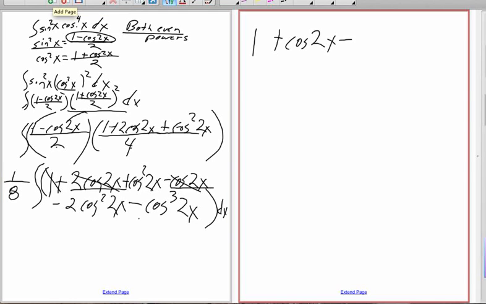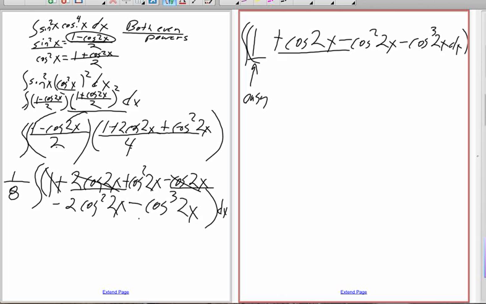There's a minus cosine squared of 2x minus cosine cubed of 2x dx. Okay, now again, and remember I'm integrating this whole thing. Okay, so this one is easy.